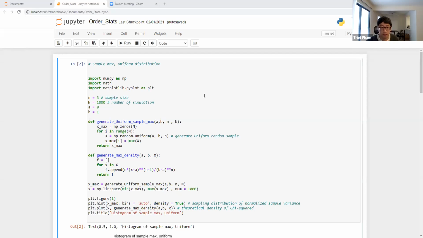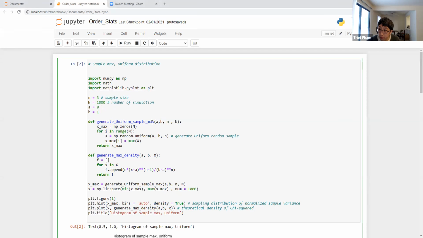Here, what I'm doing is I take a uniform from 0 to 1. You can see the Python, right? Let me know if you can't. Okay, thanks. Uniform from 0 to 1.